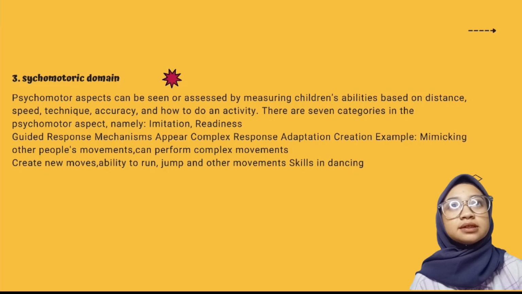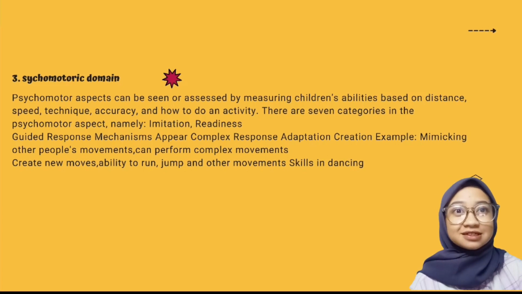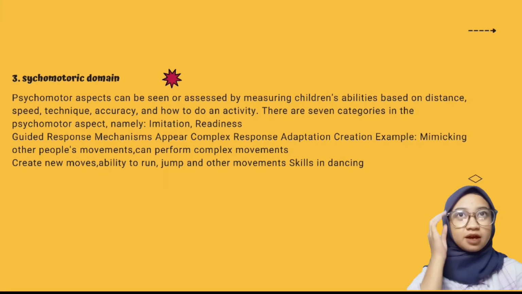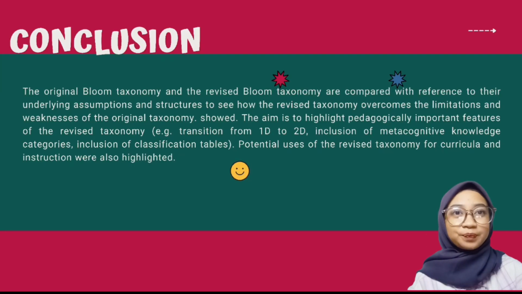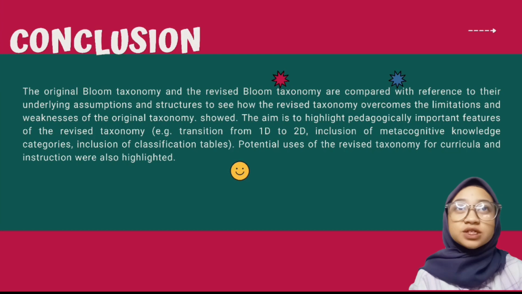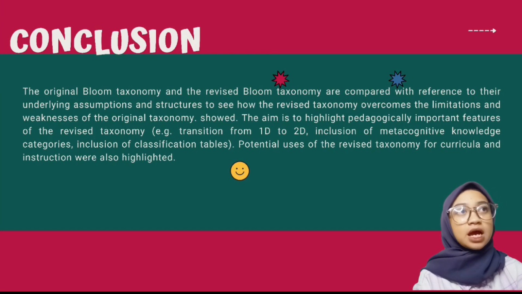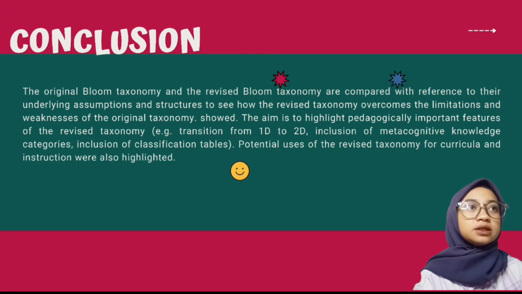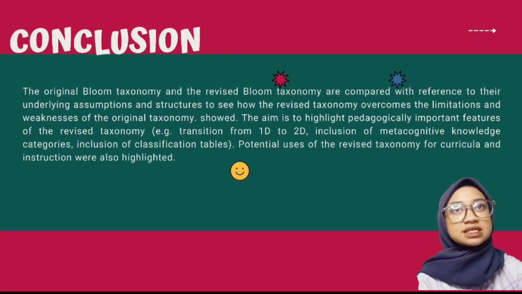In the last minute I want to give some conclusion. The original Bloom taxonomy and the revised Bloom taxonomy are compared with reference to their underlying assumptions and structures to see how the revised taxonomy overcomes the limitations and weaknesses of the original taxonomy.